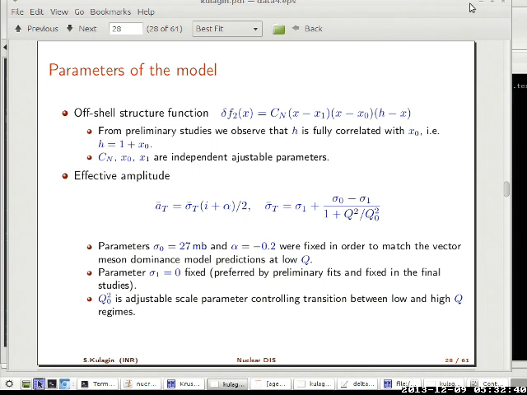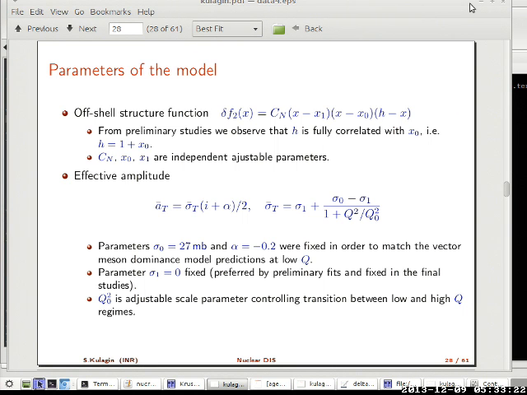We assumed it's independent of Q square, and also we have to take care of the effective amplitude. For that we would like to have the limit of Q square to 0 fixed in this approach, because at this limit we know something from the vector meson dominance model, and that was actually the tool which we used to constrain the effective cross section at low Q square.